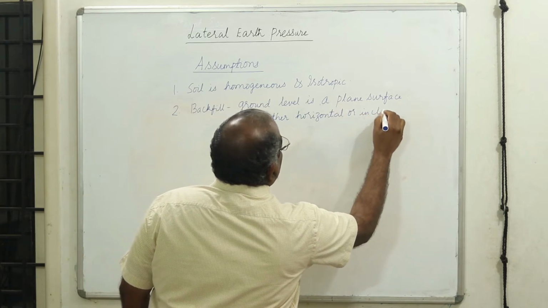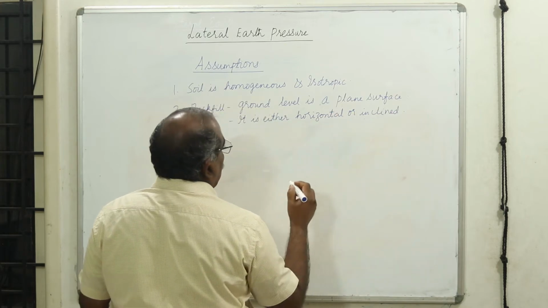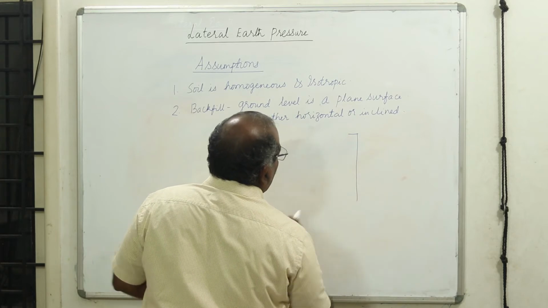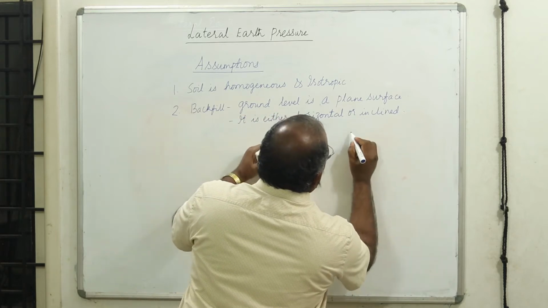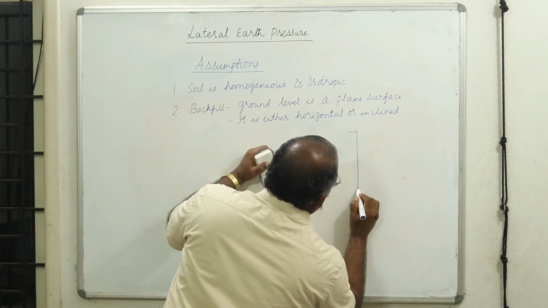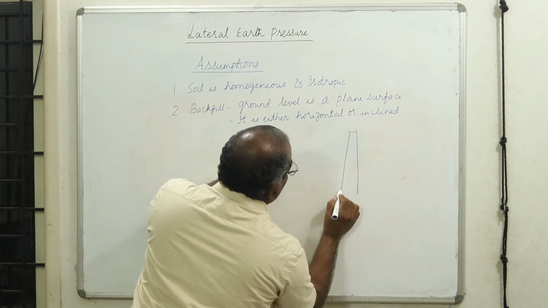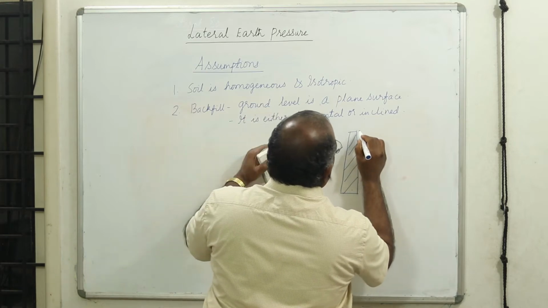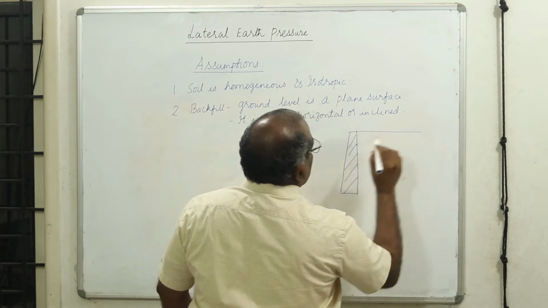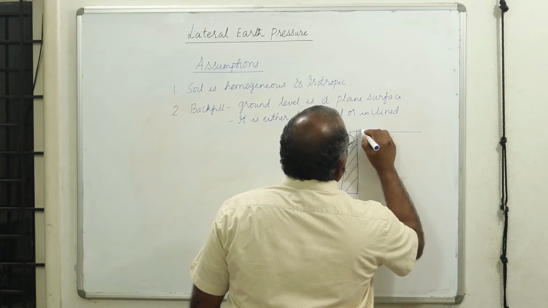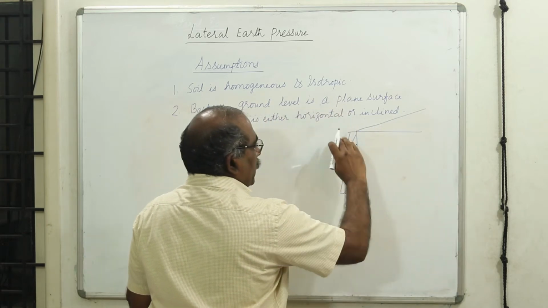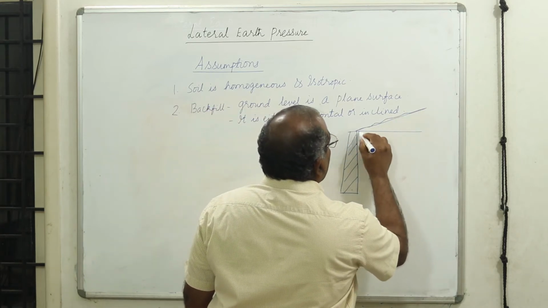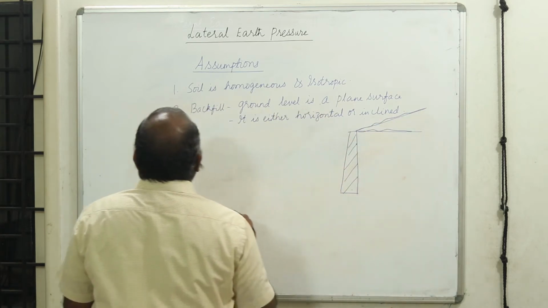If I tell you like this, you may not understand, so I will draw a diagram. If this is the retaining wall, the backfill may be horizontal like this, a plane surface, or it may be inclined, either way. But it is a plane surface, it is not undulating like this. Therefore, it is a plane surface, that is the meaning.